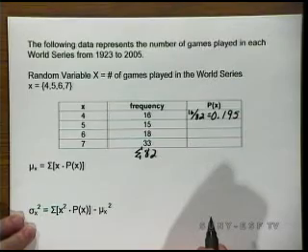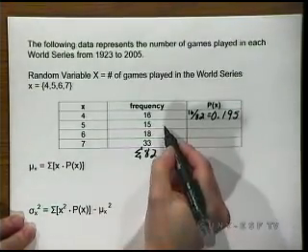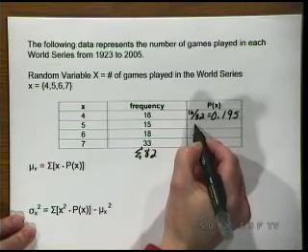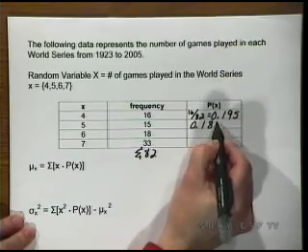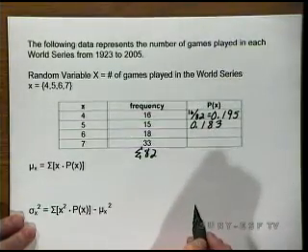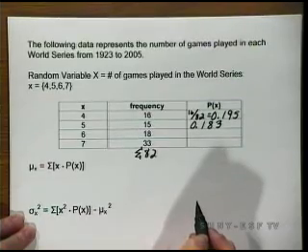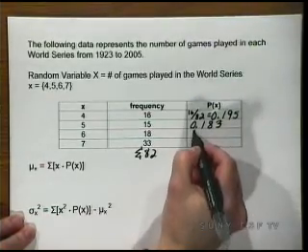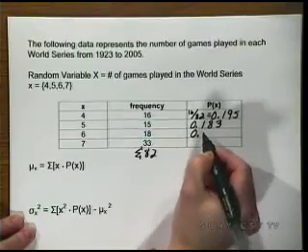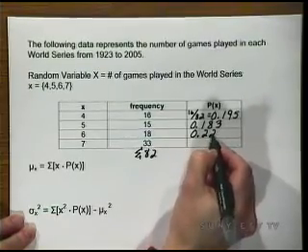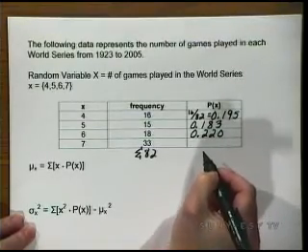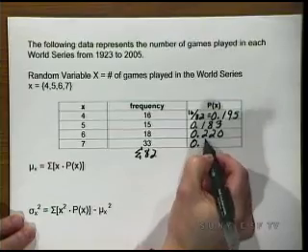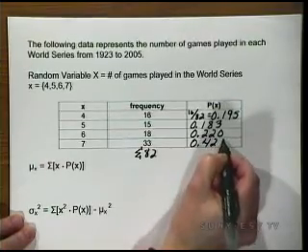We're going to do the same for each of the values of x. 15 divided by 82 will give us a probability of 0.183. 18 divided by 82 gives us a probability of 0.220. And the last value of x is going to be 0.420.